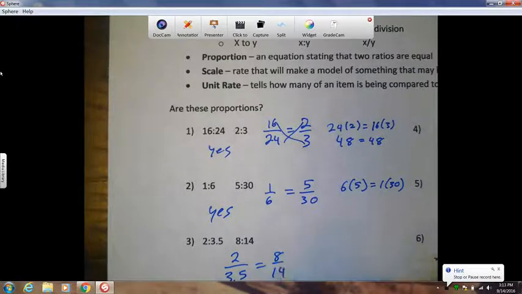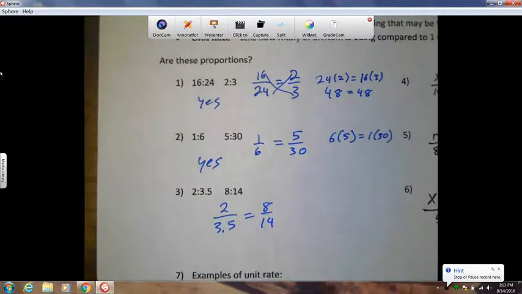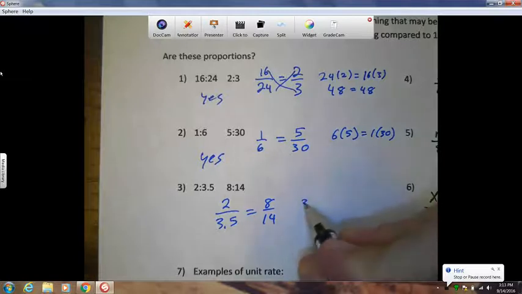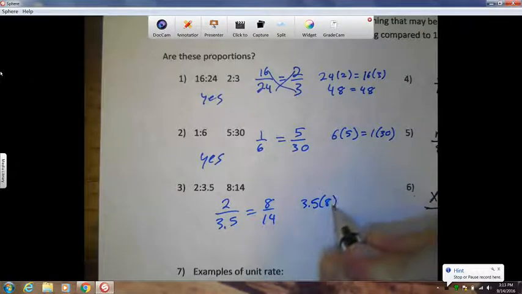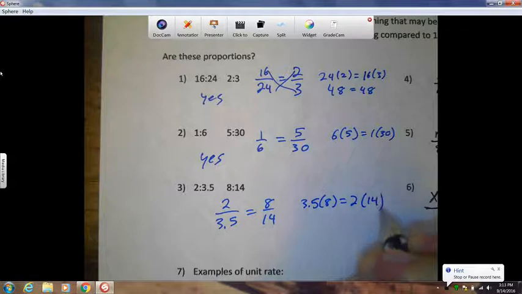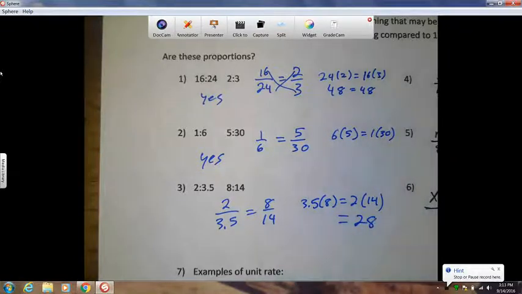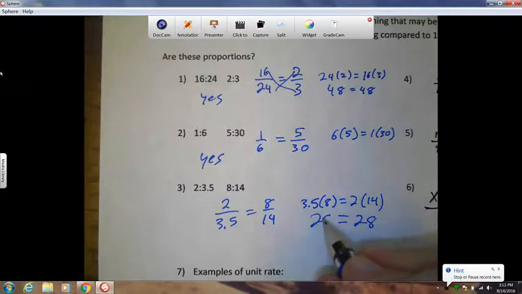So I need to see, is 3.5 times 8 equal to 2 times 14? And maybe you don't know this off the top of your head, but hopefully you do. This is 28. So I'm looking at 3.5 times 8. 8 times 3 is 24, and then a half is 28. So yes, all of these are proportions.